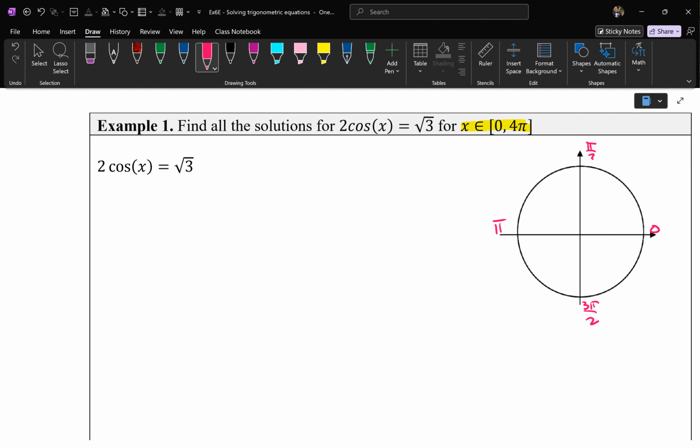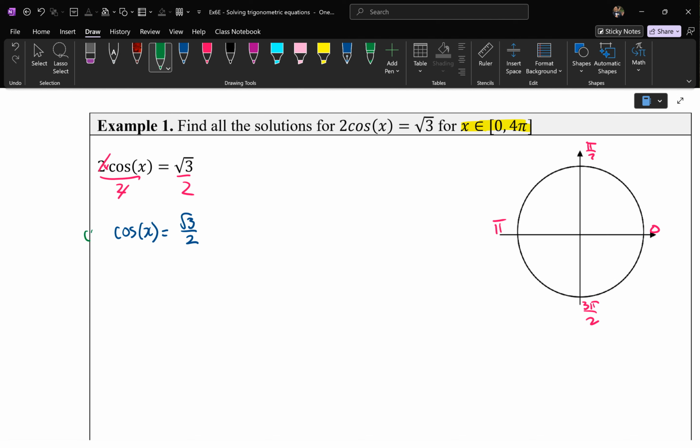To solve for x, just like how you've been doing it since year 7, use inverse operations, get rid of everything that you don't need and you want to get x. I don't need this times 2, so I'm going to divide both sides by 2. 2 cancels out. Cos of x is equal to root 3 on 2. I want x. I don't need the cos. So the opposite of cos is cos inverse, or inverse cos.